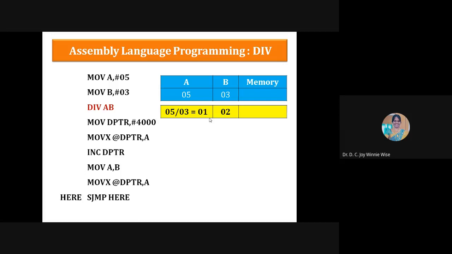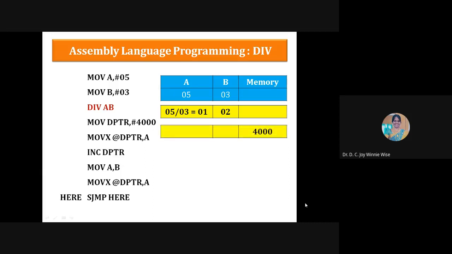According to the division instruction, the accumulator will have the quotient and the B register will contain the remainder after performing the division. So I'm going to store the quotient in 4000 and the remainder in 4001.